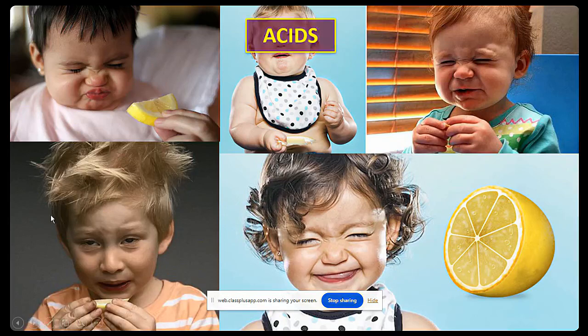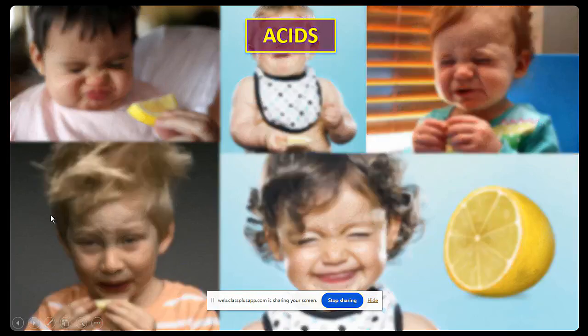For example, with acid substances, there are two types of acids we are having. One is chemical acid, another is organic acid. The organic acids are obtained from animals as well as plants, for example lemon, orange, grapes, tamarind, etc. Those are the sources of acids that we obtain from animals and plants.